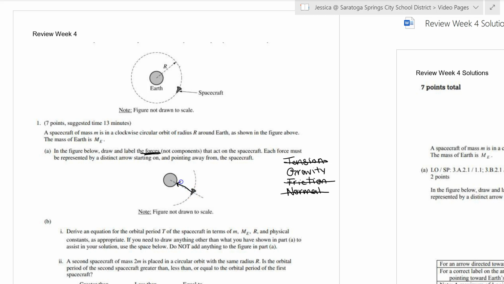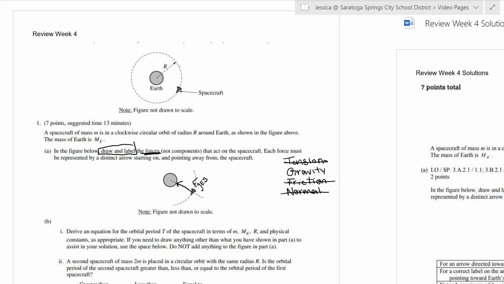It says draw and label, so I'm not only going to draw the arrow, but I'm going to label it F_G of Earth on spaceship, so F_GES. Now, some of you might be thinking, why aren't you drawing a centripetal force? Well, remember, centripetal forces are net forces or total forces.